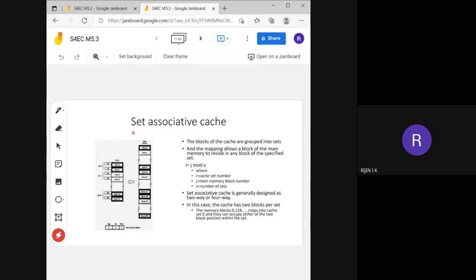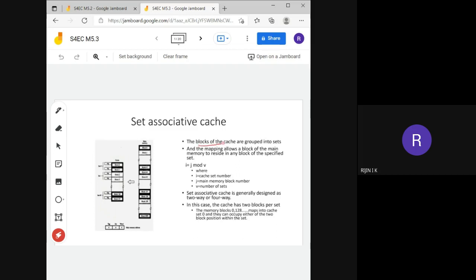So this is set associative cache or set associative mapping. The cache memory which uses this mapping technique, we call it a set associative cache. Here in a set associative cache, we group the cache memory blocks into different sets.